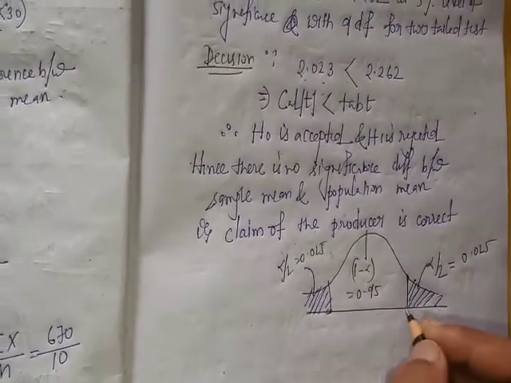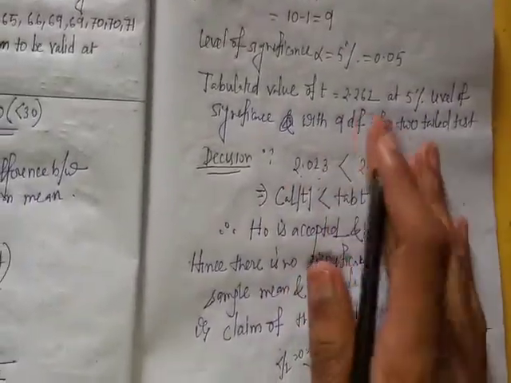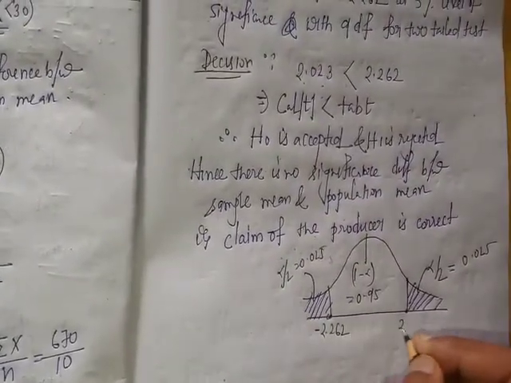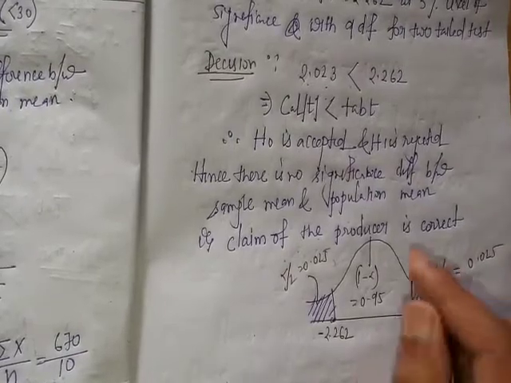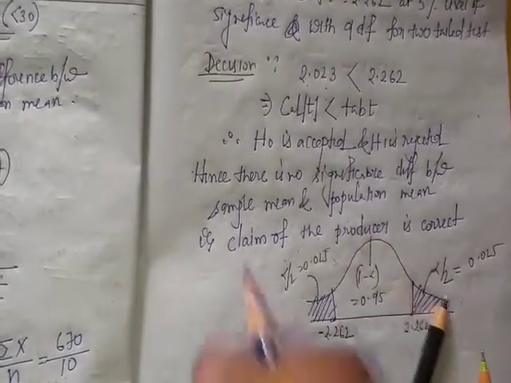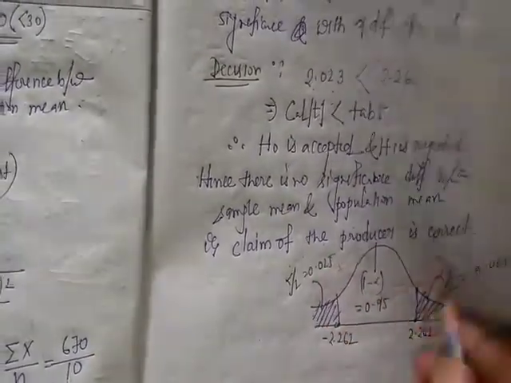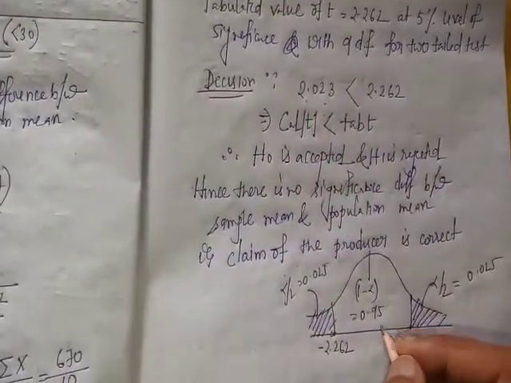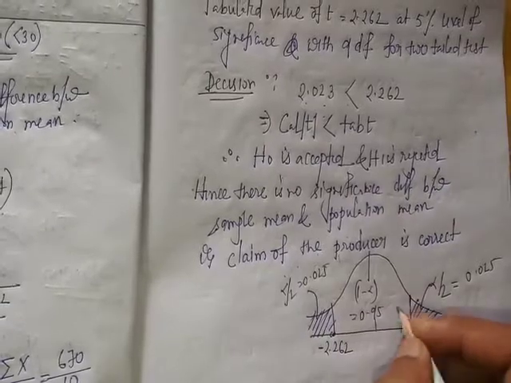Here the tabulated value of t is 2.262. This is minus 2.262 and this is plus 2.262. This is the accepted region and these are the rejection regions. The calculated value 2.023 lies in the accepted region.